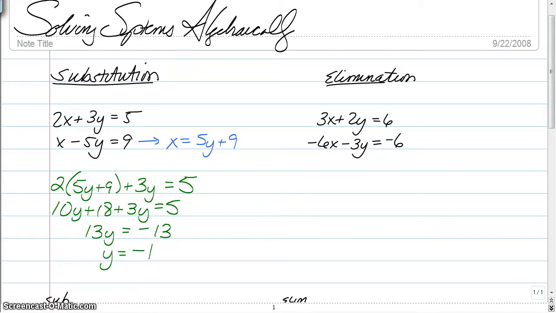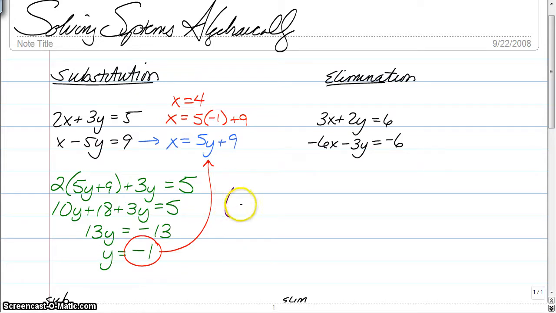So now that you have your first variable, we're just going to substitute that negative 1 in for y, and then that's going to give us x equals 5 times negative 1 plus 9, which we know x equals 4. So now your final answer we write as an ordered pair, which is just 4 comma negative 1.